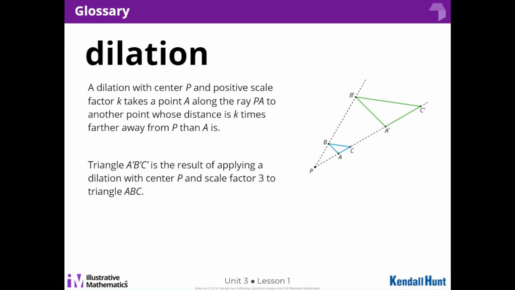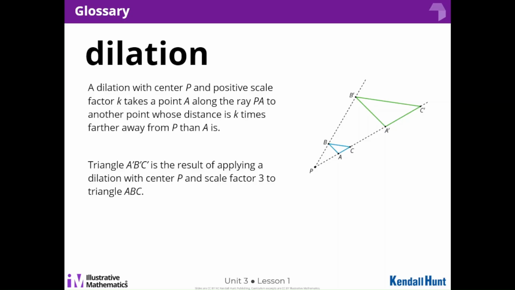For glossary terms, we're going to start out with dilation. A dilation with center P and positive scale factor K takes a point A along the ray PA to another point whose distance is K times farther away from P than A is.